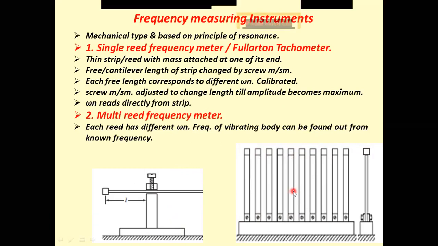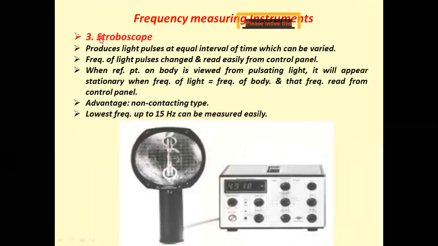Now the next instrument is the stroboscope. This stroboscope is an instrument which produces light pulses. This is the control panel of the stroboscope, and this is the light pulse which it produces.